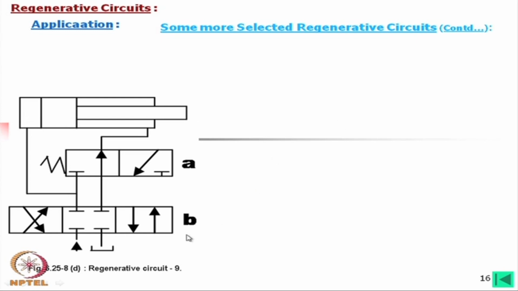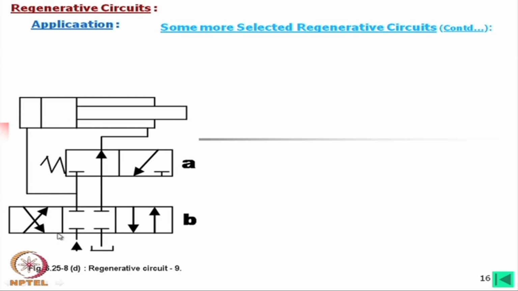Okay. Now, let us connect this one. In that case, oil is going to this and oil is coming back through this, and this is in neutral position. So, with this connection and in this neutral position, this is normal return.